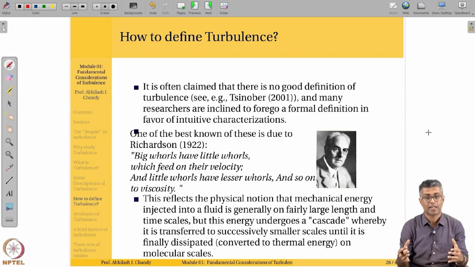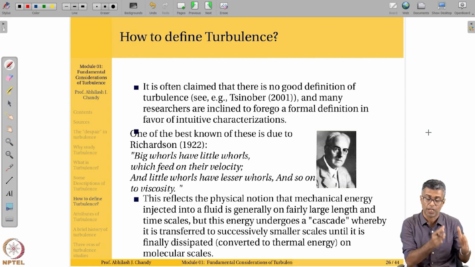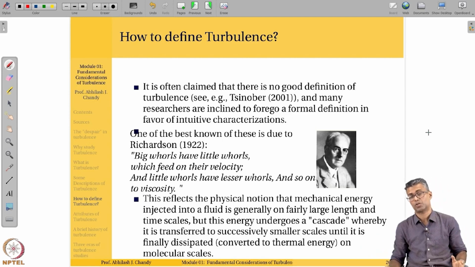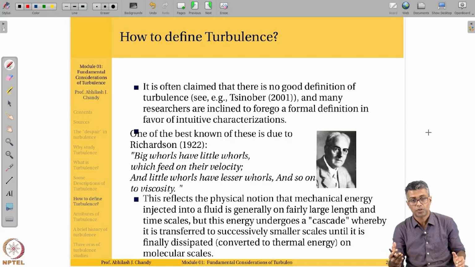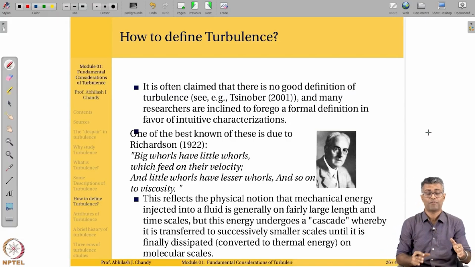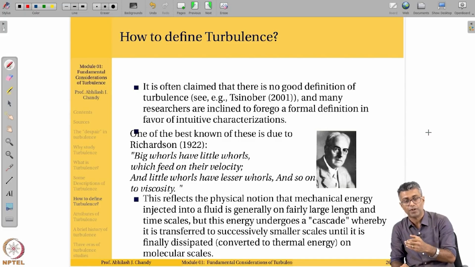We can say all that now because we have a fair idea of how turbulence is generated and how the energy dissipates from the large scales to the small scales. So we are able to say that. But that is what he was referring to in 1922. As we move on, we'll look at other people who have tried to define turbulence.